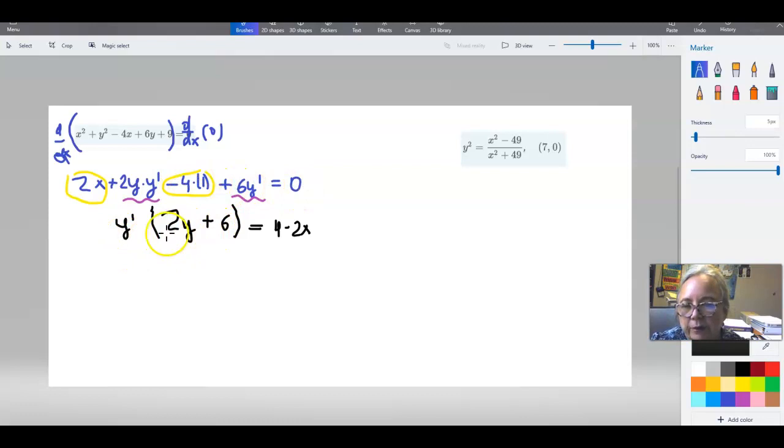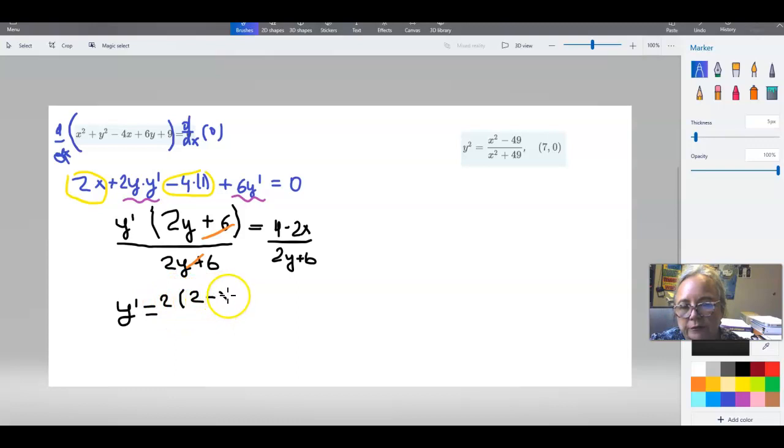Now we need to divide by 2y plus 6 to get y prime by itself. So we'll do this to both left and right side, and you cancel on this side and you have y prime. Now you can see that the numerator and denominator of this rational expression have a common factor of 2. So we're going to factor 2 in the numerator and have 2 minus x in parentheses.